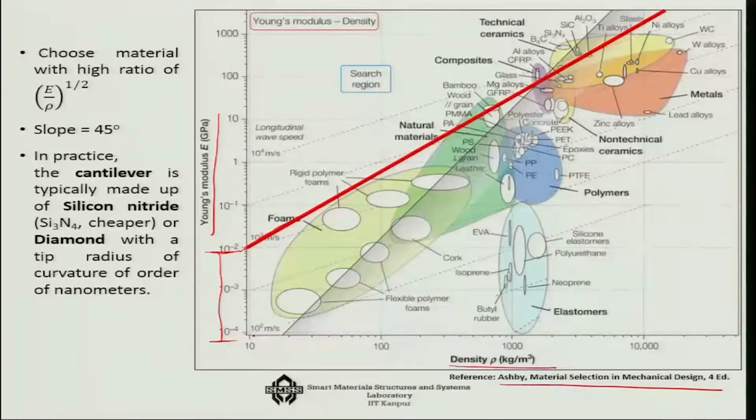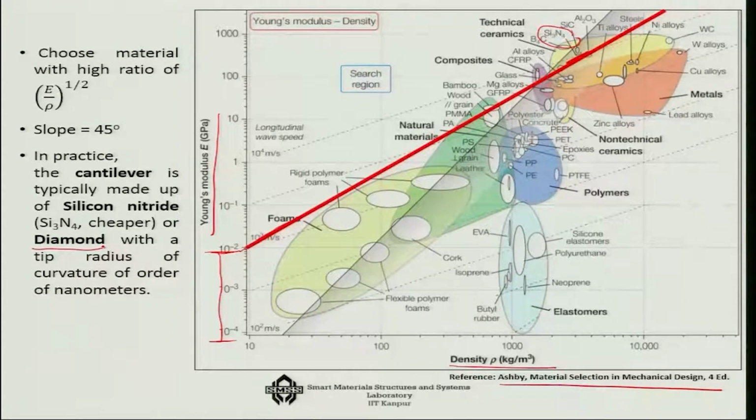We can either get something like silicon nitrides, those which are above this level, or, if you want something which is also equally hard, you can choose ceramics, and things like diamond also here. Somewhere in the technical ceramics range, you will see that diamond also is a good solution.